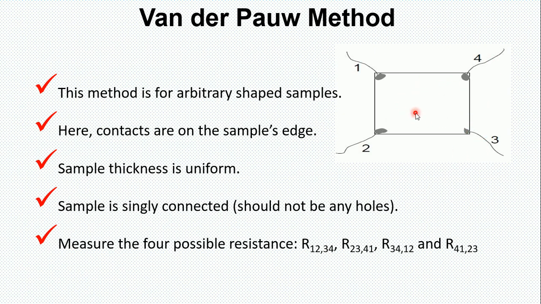To find the resistivity of this sample, we have to measure the 4 possible resistances, that is R1234, R2341, R3412 and R4123.